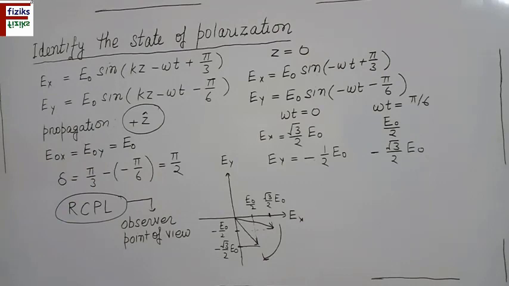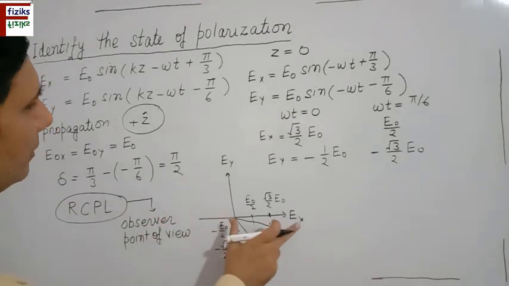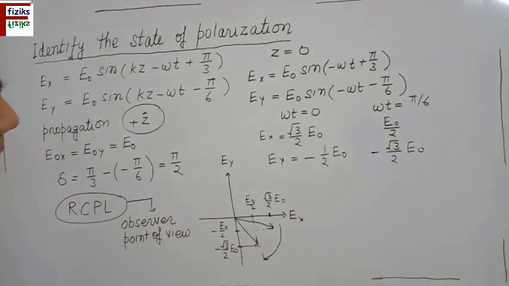And when light moves away from the observer, suppose light is propagating in the minus z direction, then whatever you observe in this plot, the opposite of that will be the polarization state from the observer's point of view.